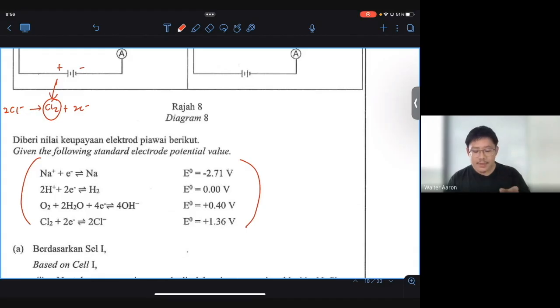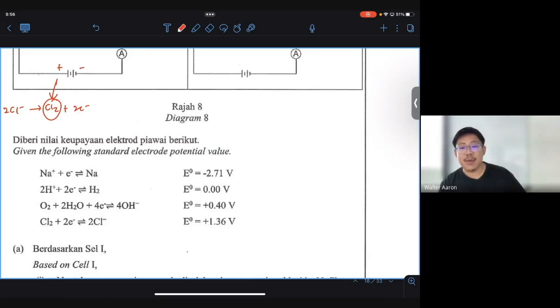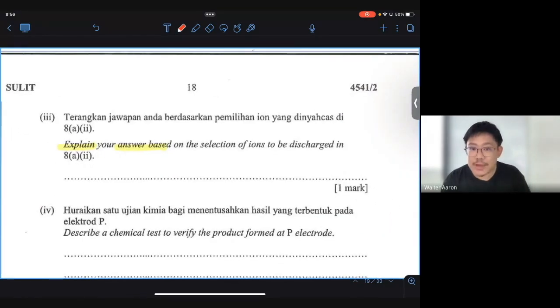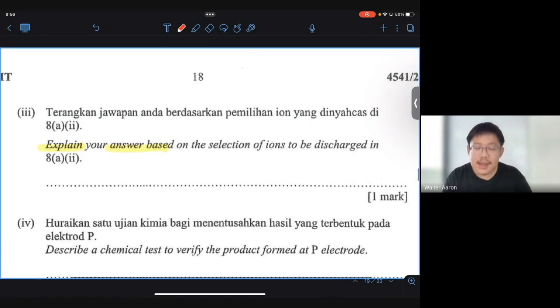Explaining that way is acceptable based on the marking scheme, but most students choose the easy way out. If it's a concentrated solution, there is an easy answer, because concentrated solution means you have more of that specific ion. It only works for the anode, not for the cathode. For the anode, if it's concentrated and you have a halide ion, you can put that there are more chloride ions compared to hydroxide ions, and you get the mark straight away.